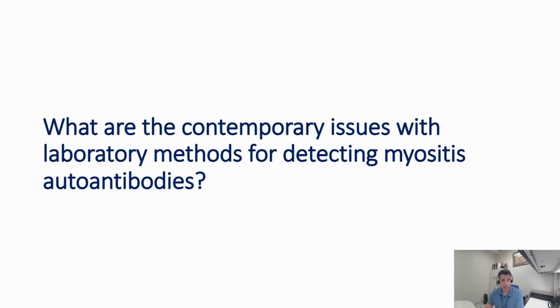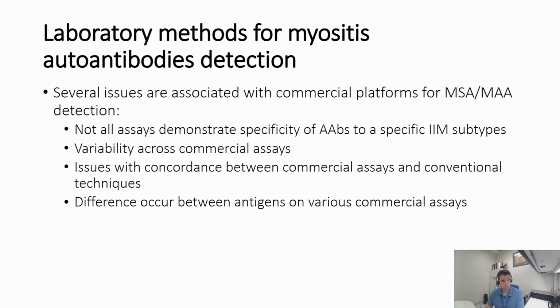So, what are some contemporary issues with laboratory methods for detecting myositis autoantibodies? There are generally four issues associated with current laboratory methods that certainly need to be considered when not only verifying or validating a new assay, but also when communicating with physicians. So, for example, not all assays demonstrate the same specificity to autoantibodies, given the IIM subsets, and there's also variability across commercial assays.